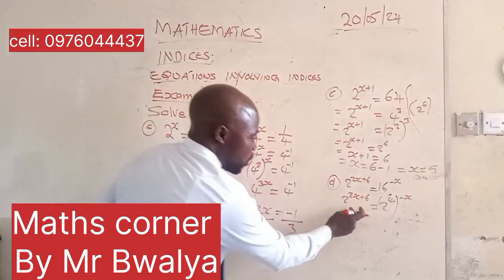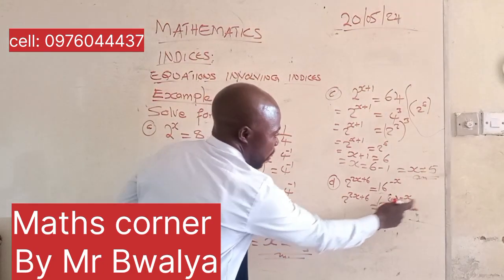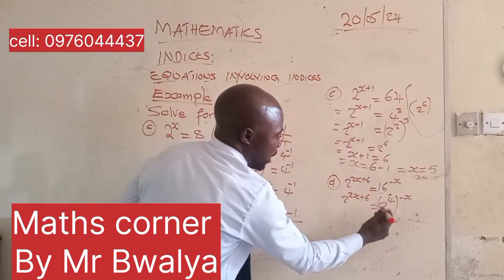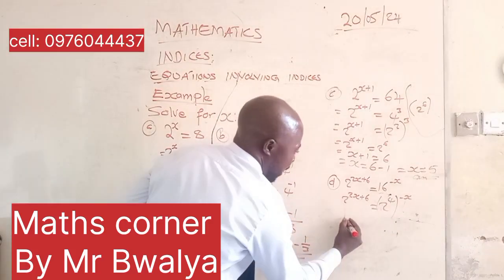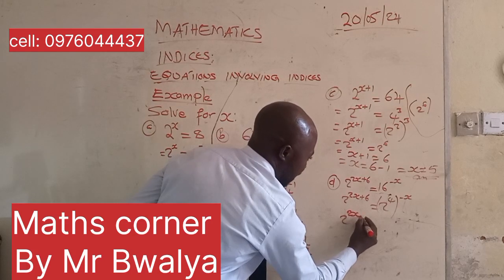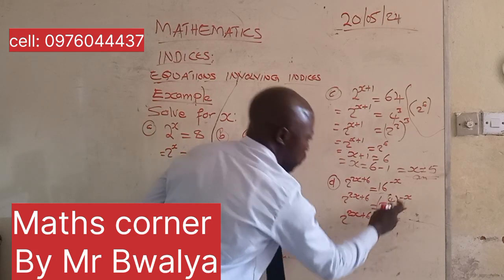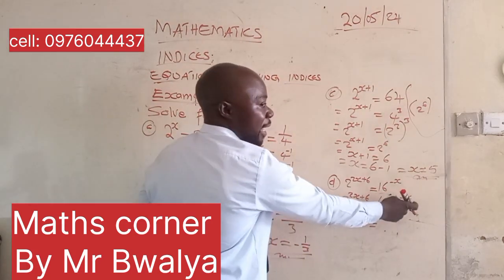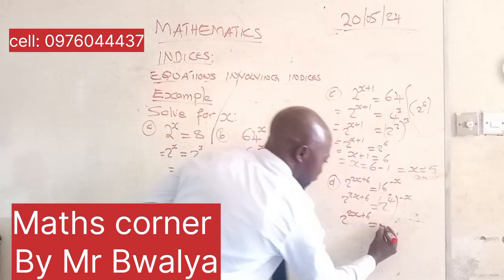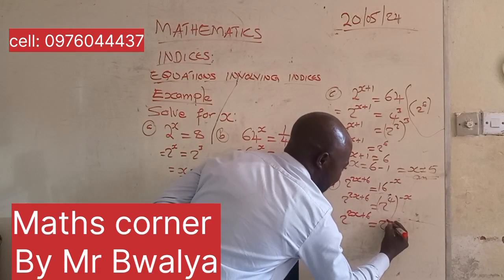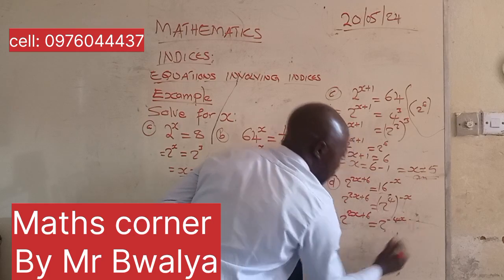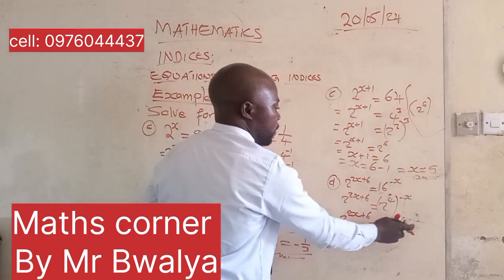Okay. So here, since we've got the powers there, before we do with the bases, we are going to say 2 to the power 2x plus 6 is equal to, when you multiply 4 times negative x there, to give us what? 4 to the power negative x. 4 to the power negative 4x.